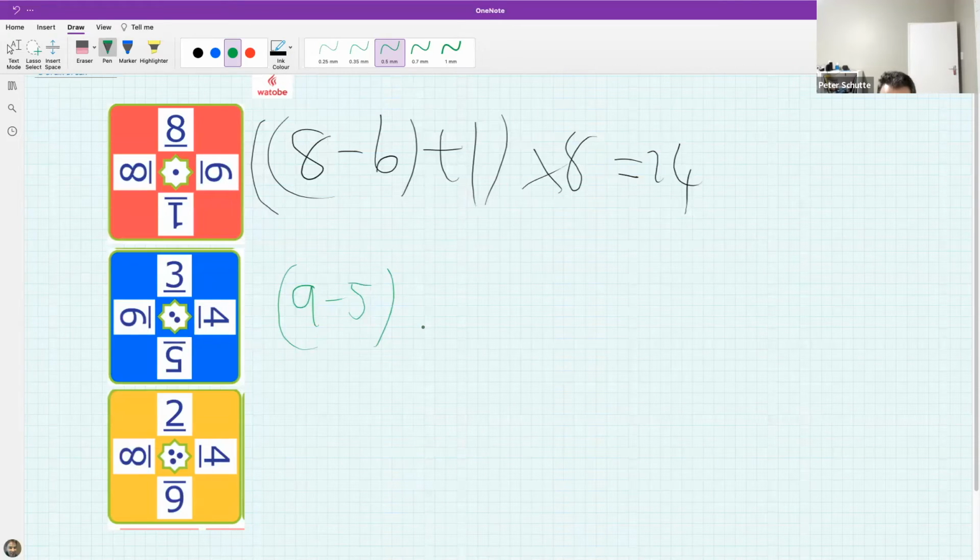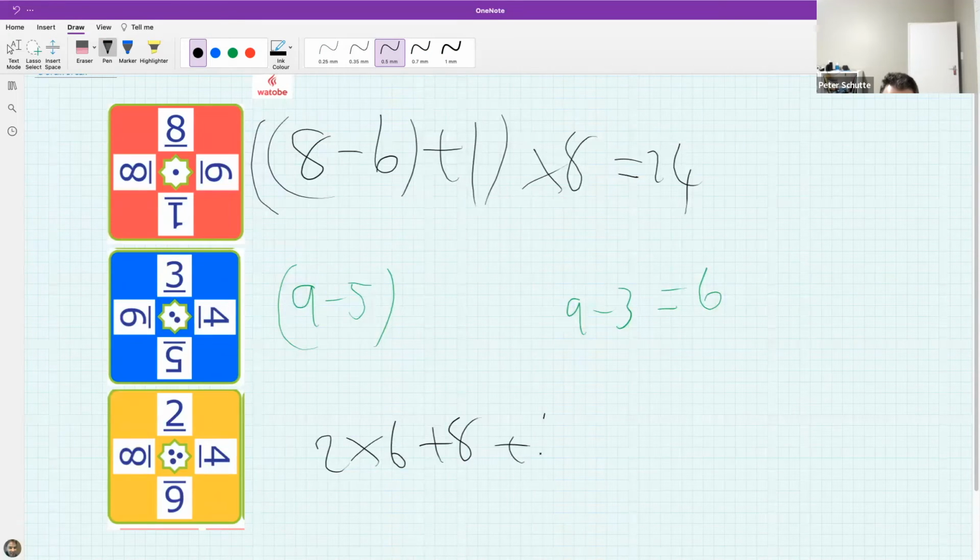And then 4 times 3. I think you're not quite there, Emmanuel, but you're on the right track, I think. What about a 9 minus 3? 9 minus 3 being 6? Nope, that's not. It's proving quite hard today. Let's have a look at yellow. So yellow, 2 times 6. Yes, well done, Tershi. Well done. So you've got 24. So it's only the blue one that escapes us for the moment.